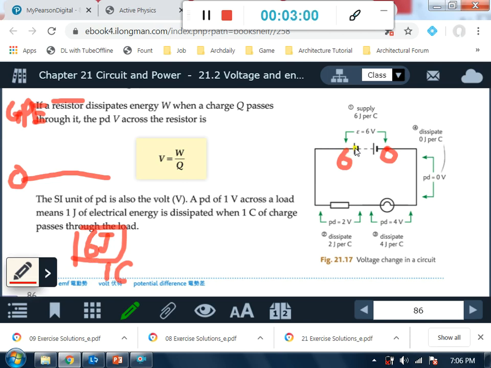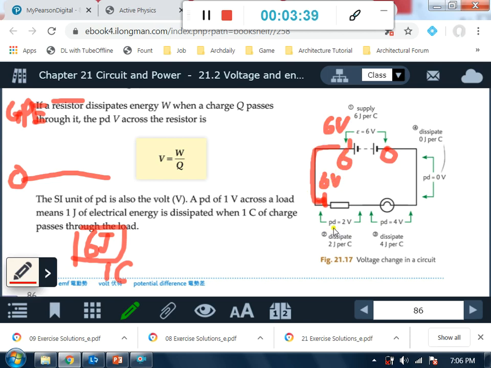Then this lorry will move along this wire without any loss, because this wire doesn't have any resistance in the ideal case. When it goes to the resistor, at that point without any loss, per 1 coulomb we have 6 joule. So here is also 6 volt. The PD between these two points should be 0, no loss at all.